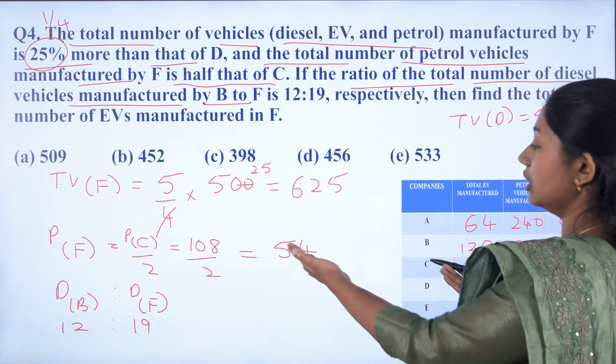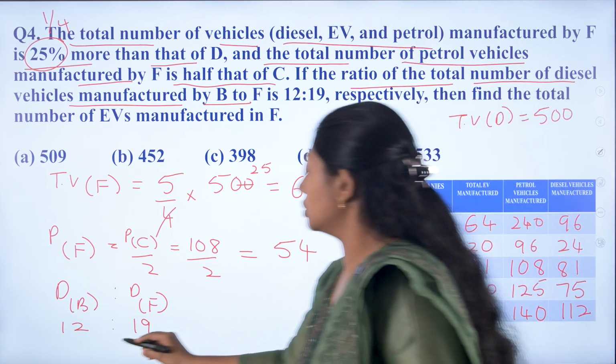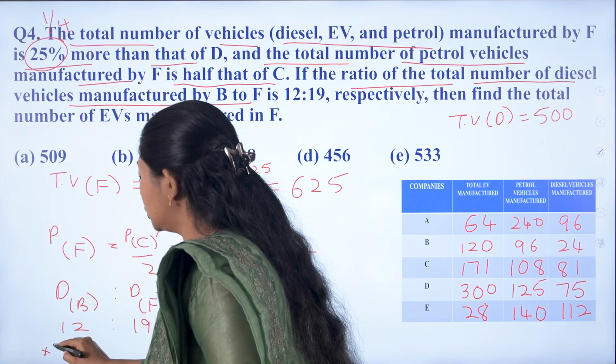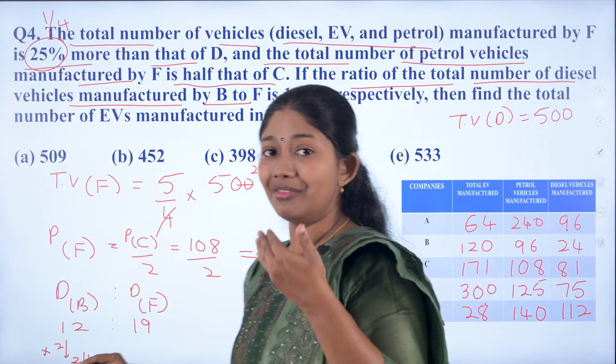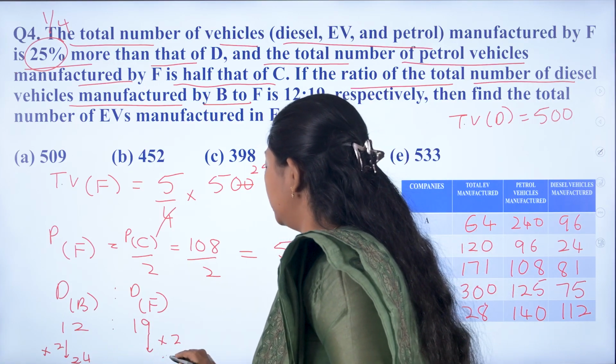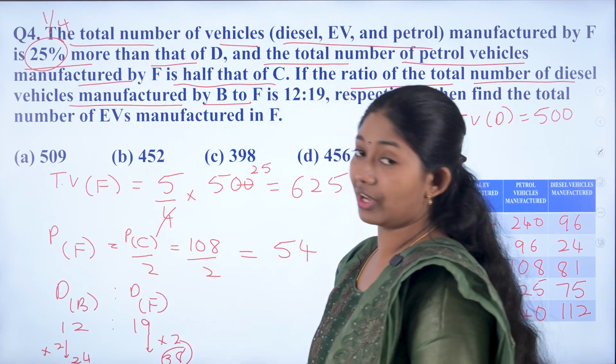But from this we know diesel vehicles manufactured by B is 24. So, 12 units correspond to 24, which means each unit is how much? 2. That is nothing but the common factor. So, 19 into 2, how much are you going to get? 38 is the number of diesel vehicles manufactured by F.